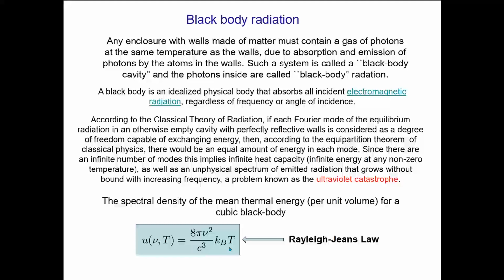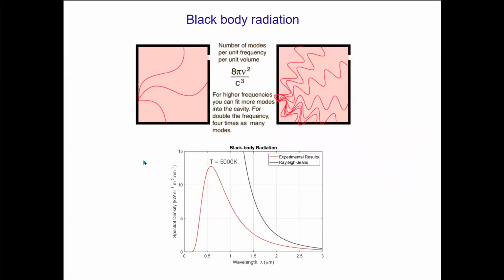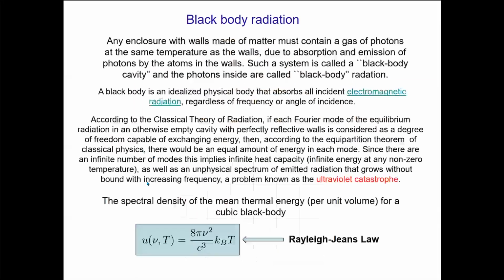We'll talk about this formula later on. So physically, what does this previous formula mean? It is proportional to temperature, and this is the energy effectively of each mode, and this is the number of modes.